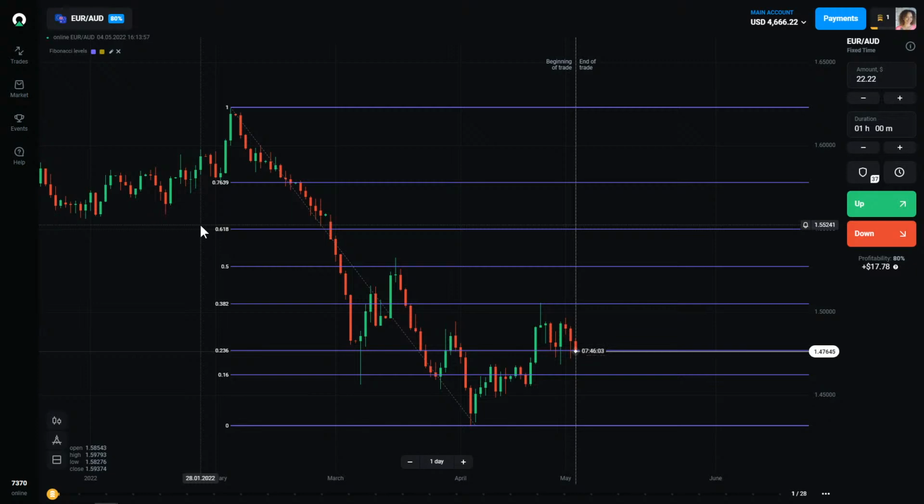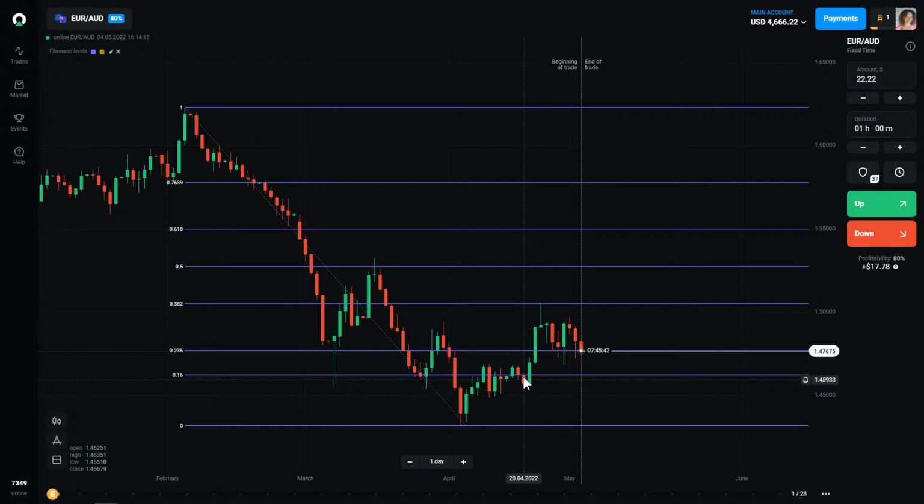So what are we looking at? How can we use the indicator? What can happen is that the price can reach the 23.6% level. It can reach it and start moving again with the direction of the main trend, or it can break this level and move to the next level. And this is an ideal situation here as an example.